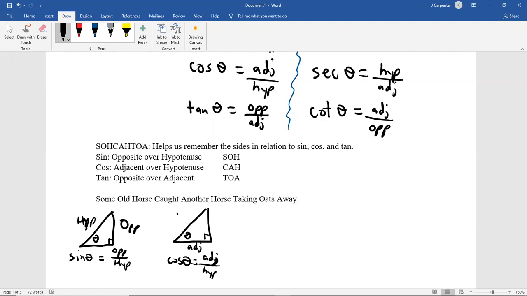Adjacent over the hypotenuse, so it would be this number over that number. You'd have numbers there. And then if you wanted tangent, that uses the opposite and adjacent. You're just looking for two numbers on a triangle and dividing them in a specific order. That's it.